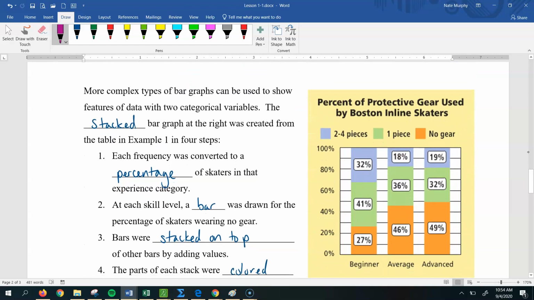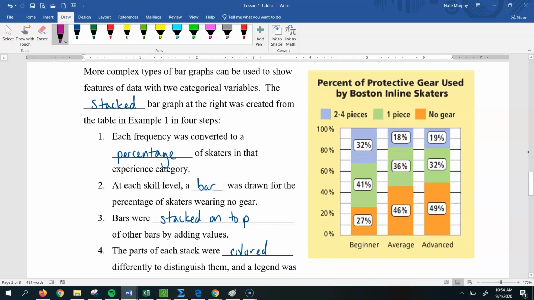Now here we have another type of graph. This would be a stacked bar graph, showing stacked percentages. The way that they organize these is, this is looking at that table with all the different gear that people wore. They just transferred this into this graph. And you can see that looking at those numbers really didn't tell us a whole lot, whereas here I can look at this and draw out some better conclusions.